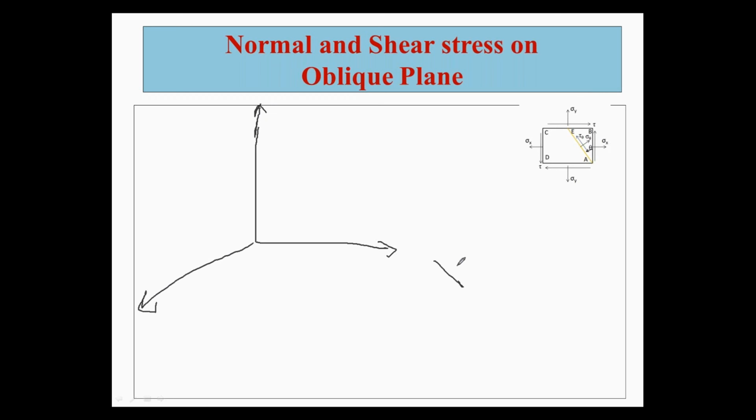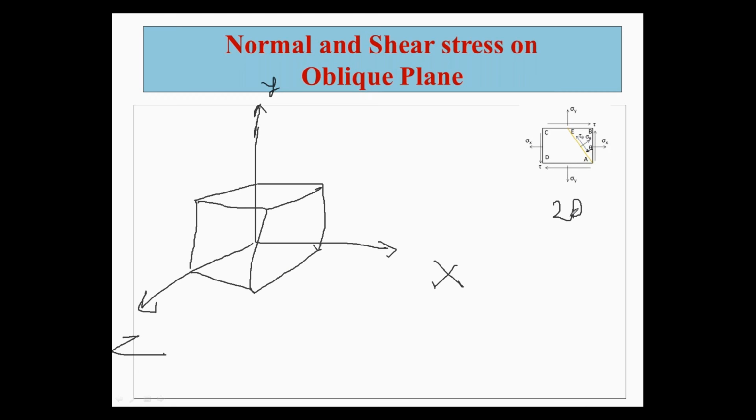So here it is X, here it is Y, and here it is Z. Okay. So in this case, this is the three-dimensional view, and this one is the two-dimensional view.